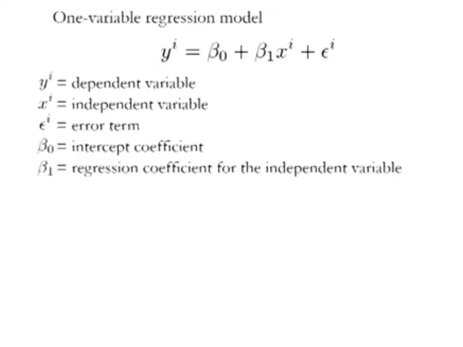yi is our dependent variable. Our dependent variable represents the sales in dollars for ice cream for the day. Let's move that up. Our independent variable is the noontime temperature in degrees Celsius.